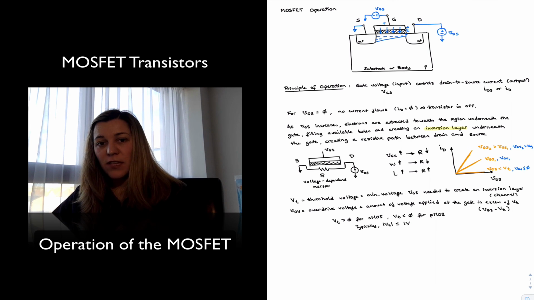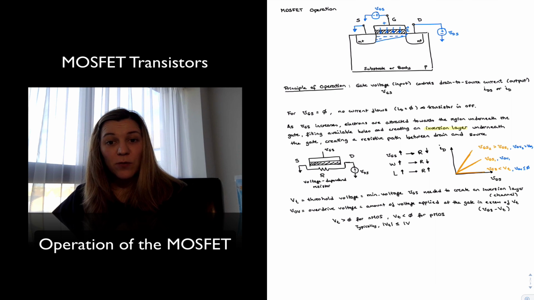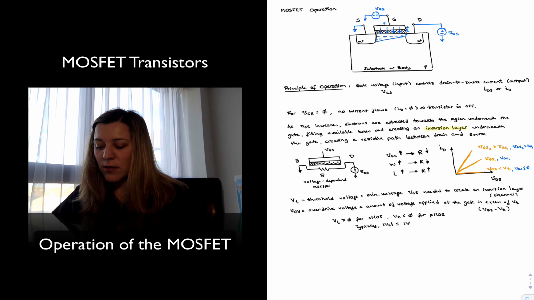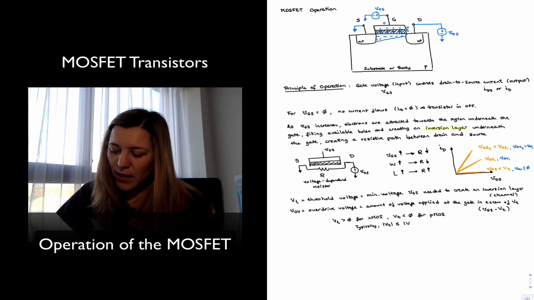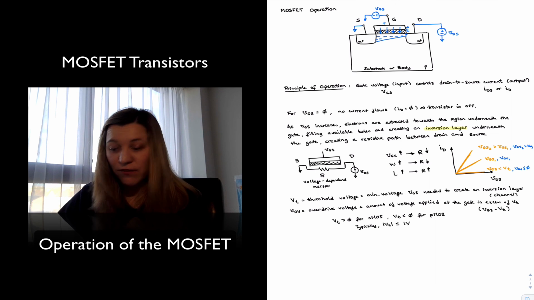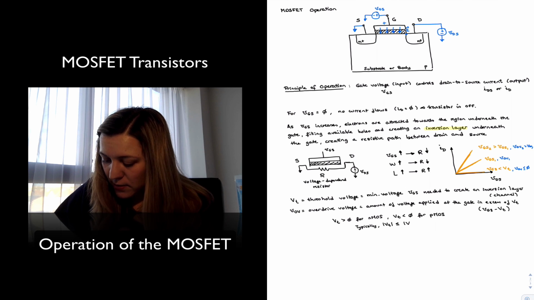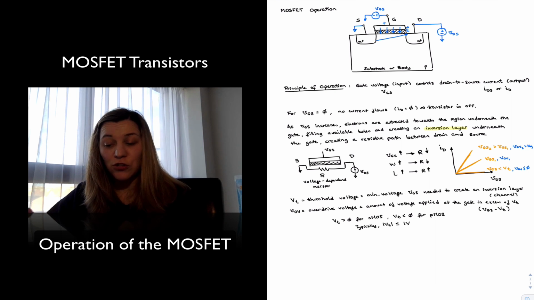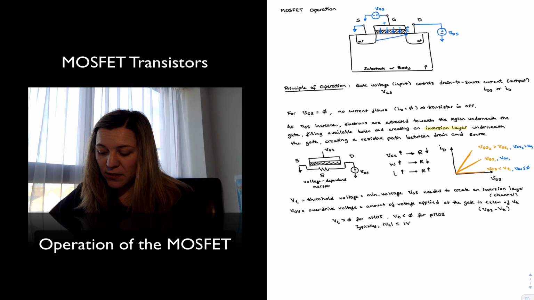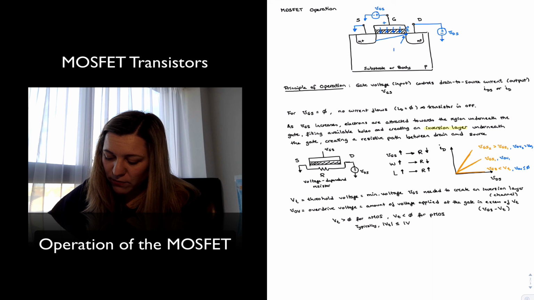As I keep increasing VDS, so it gets closer and closer to VGS, this phenomenon becomes more and more pronounced until at some point VDS becomes equal to the overdrive voltage, and at that point I get what's known as pinch off. And so basically what will happen is that the width or the extension of my inversion layer at the drain point will be equal to 0. So basically, we say the channel is pinching off right there.